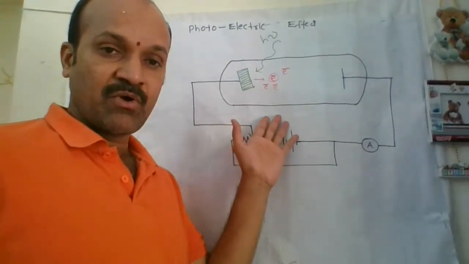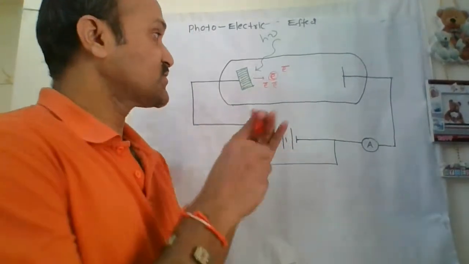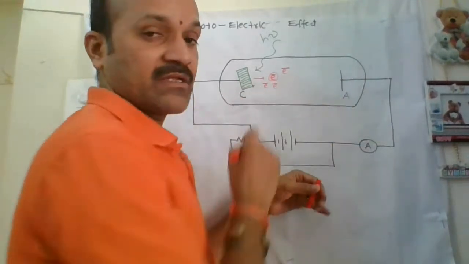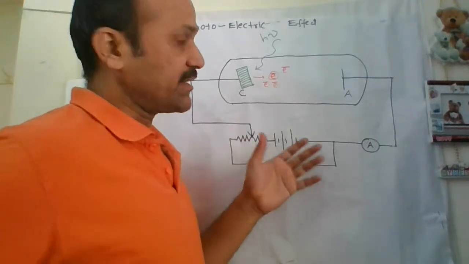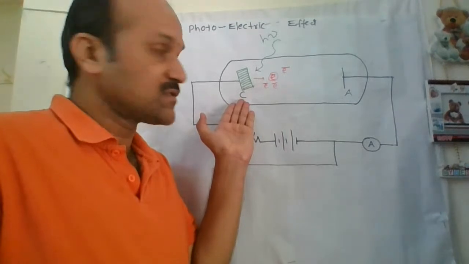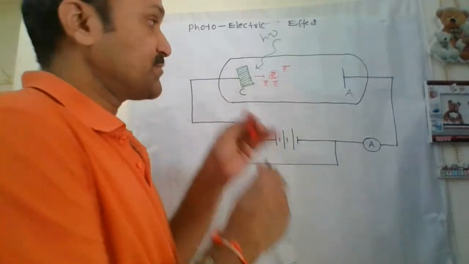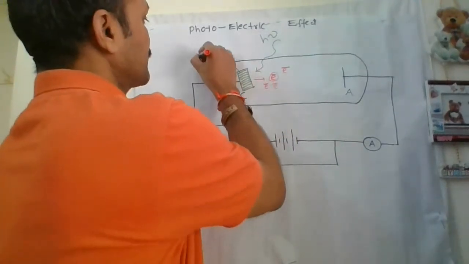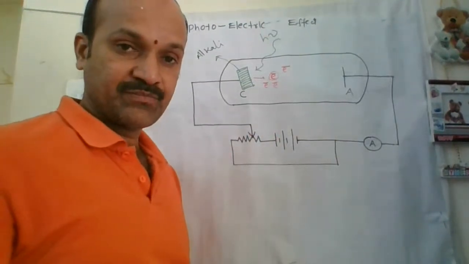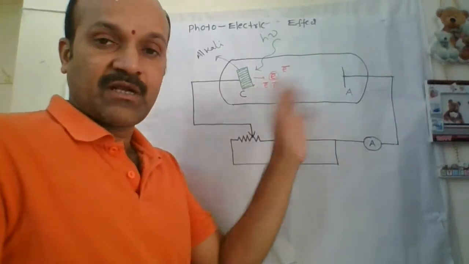Let us see the construction part here. This is one electrode, this is another electrode, and we place them in a vacuum chamber. On this electrode we place an alkali metal: sodium, potassium, magnesium, cesium, etc. Here is another electrode.